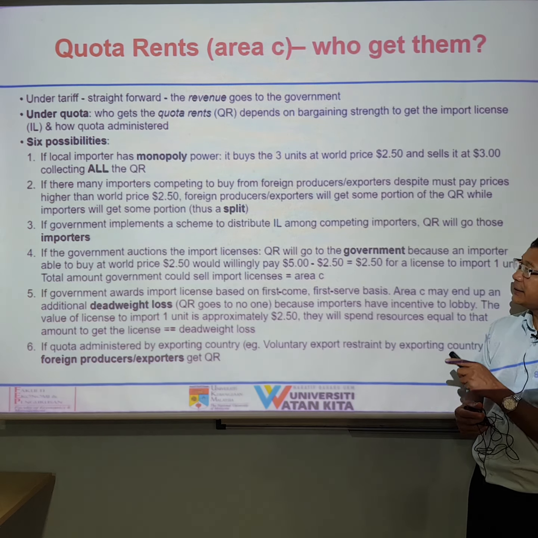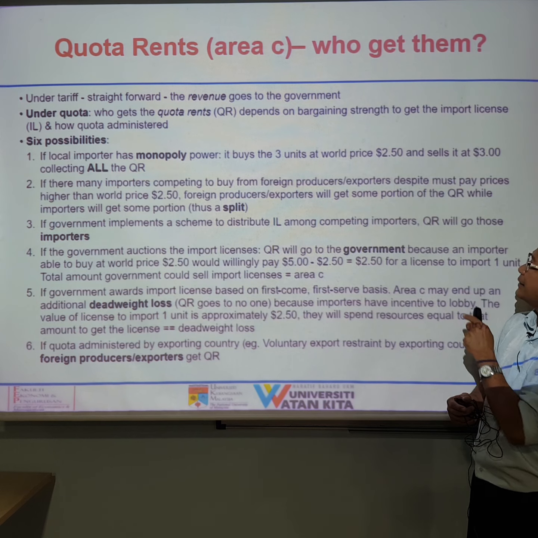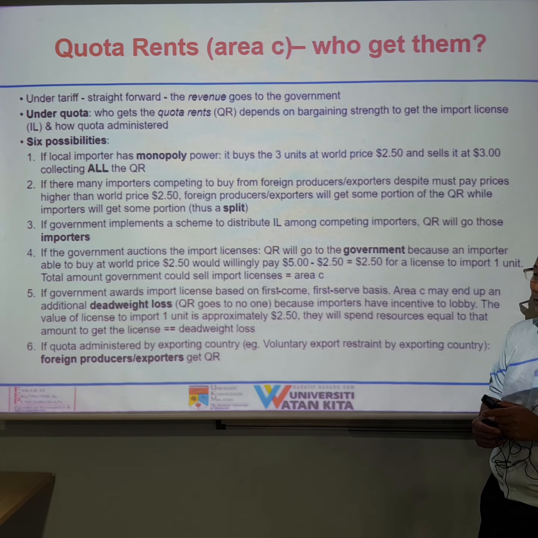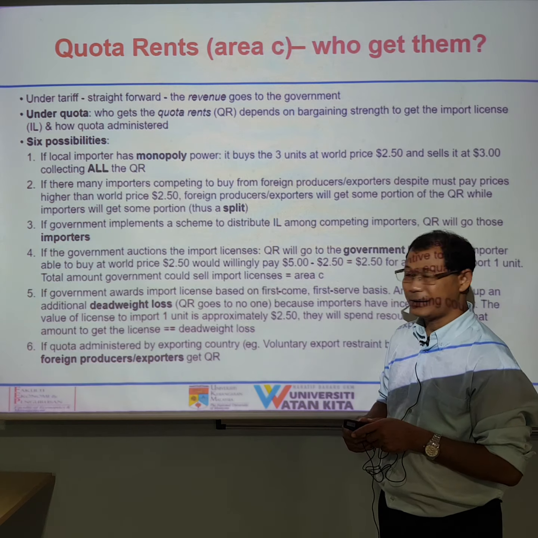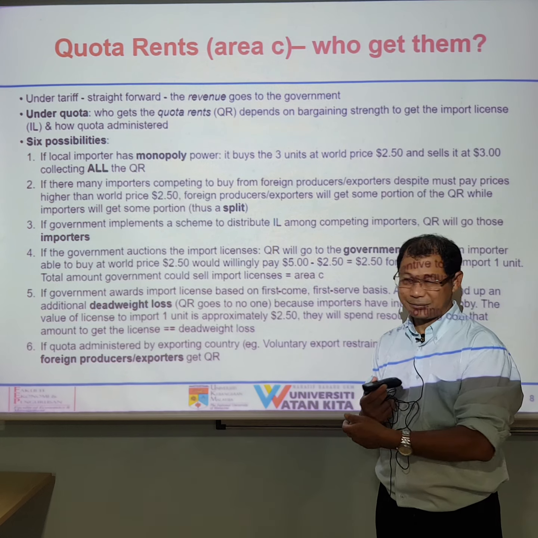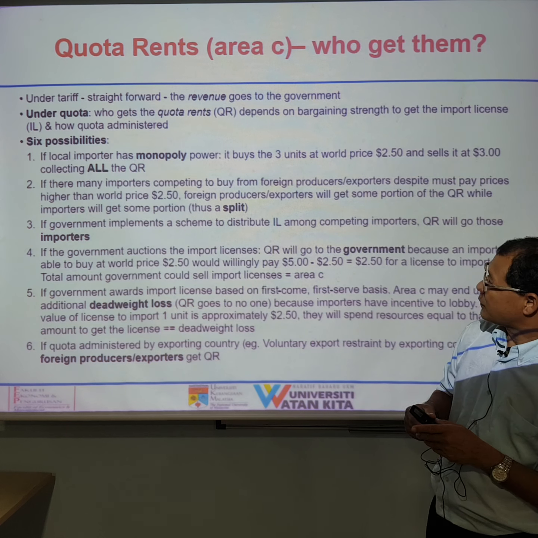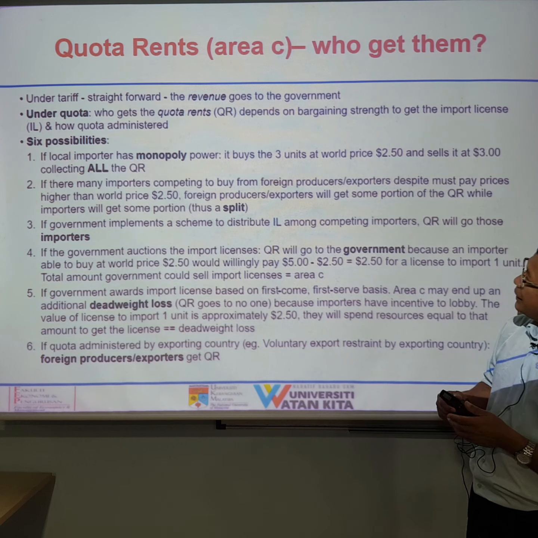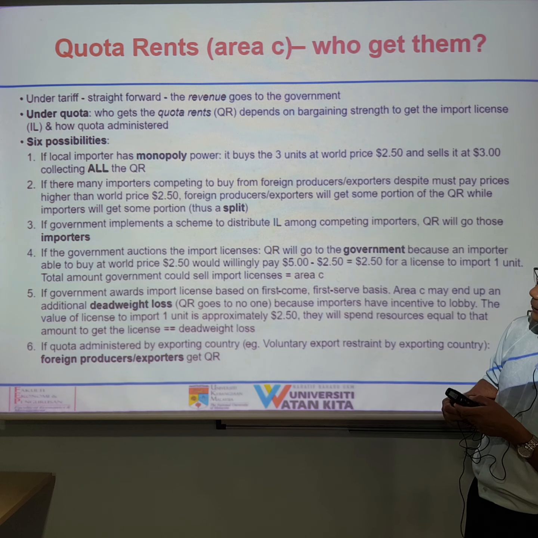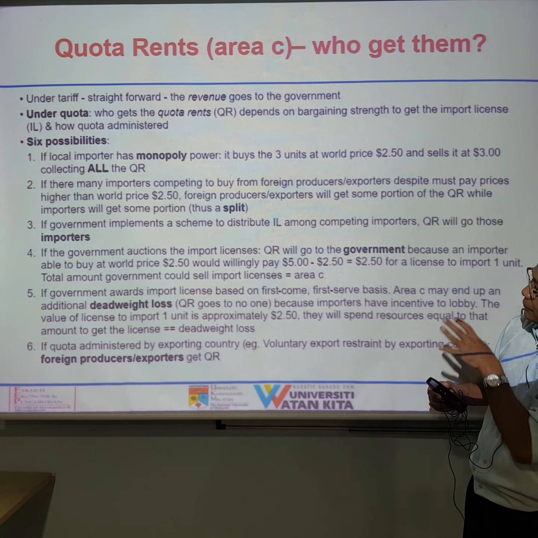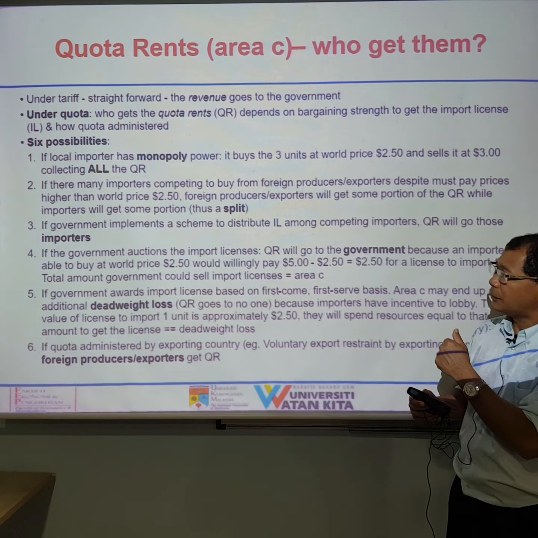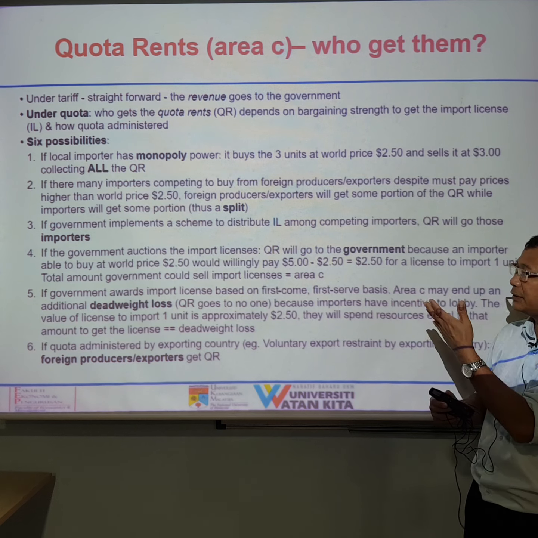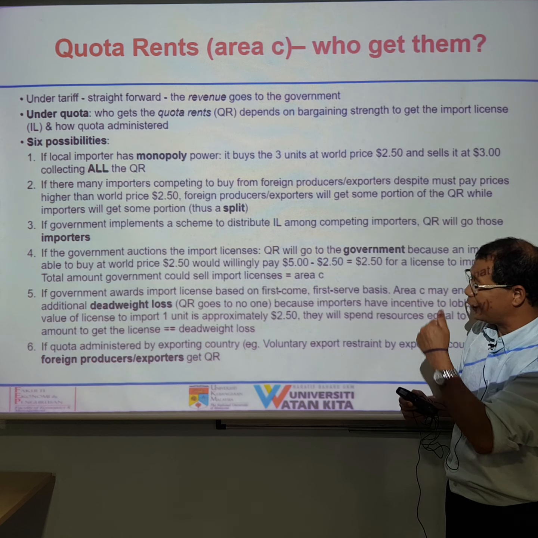Foreign producers and exporters will get some portion of the quota rent, while importers will get some portion. So that's split, based on the competition, among the foreign producers and local importers.